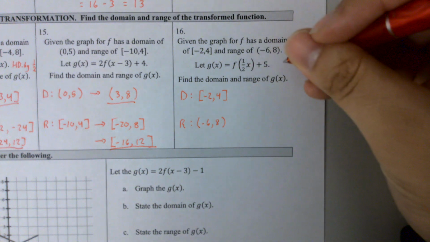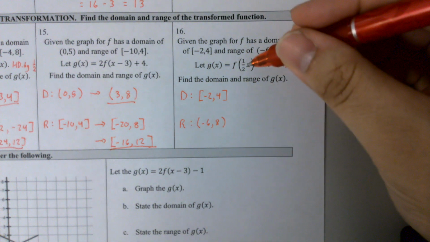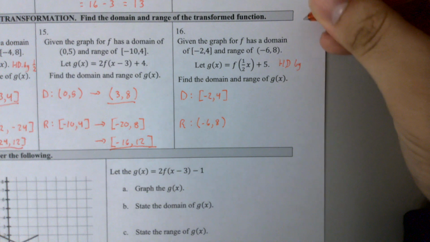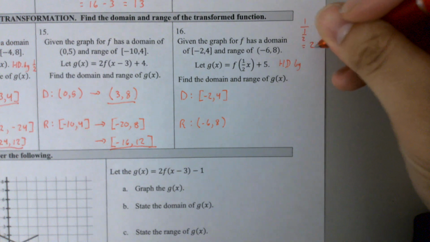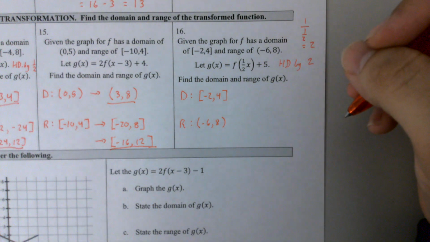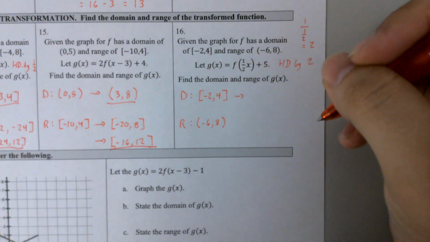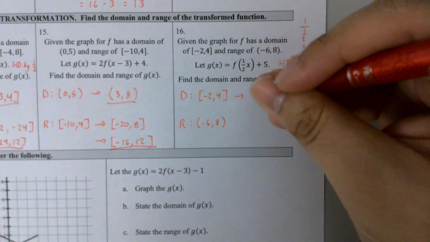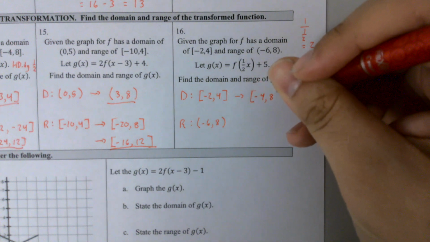But remember, your horizontal dilation is by 1 over this number. Well, 1 over 1/2 is the same thing as 2. So we have a horizontal dilation by 2. That means we're going to stretch out all of our domain values by 2. So this is going to change this from negative 4 to 8.